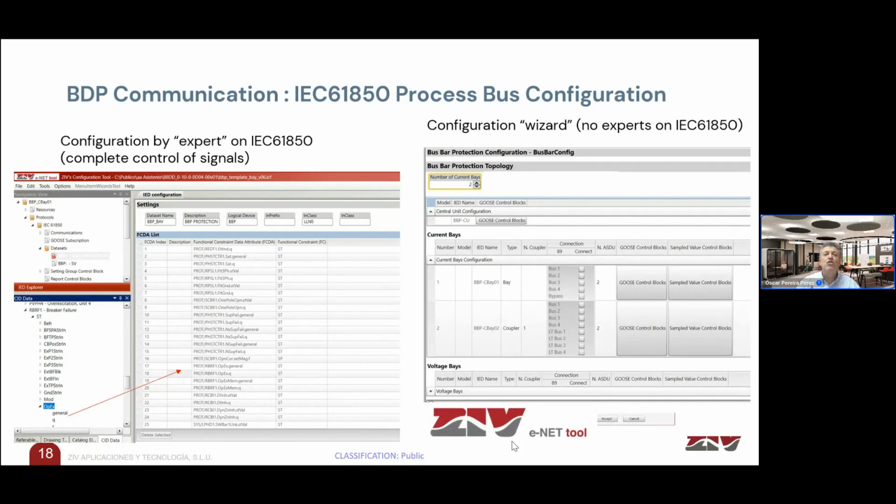So for those that are not experts on 61850, in a very friendly way, the program will give you the files to configure the central unit and the bay units under 61850 just by introducing very basic information like the number of bays, whether there are couplers or not, and whether there are disconnectors or not, etc. So with the configuration wizard, don't be afraid of using a busbar differential using the 61850 station process bus.